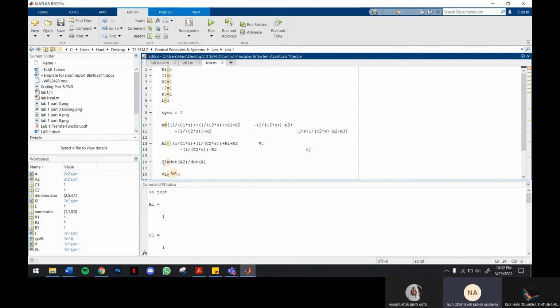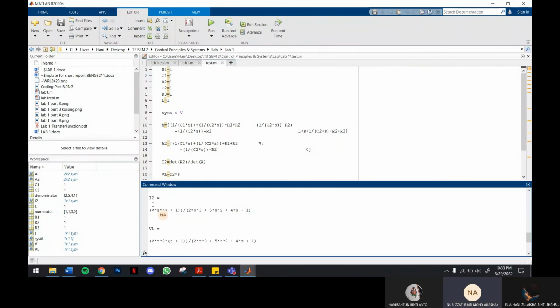Then we find the transfer function for I2. I2 is equal to determinant A2 divided by determinant A. This is the equation that we get for I2. Then we calculate VL. VL is equal to I2 times s L. So this is the equation that we get for the output VL.